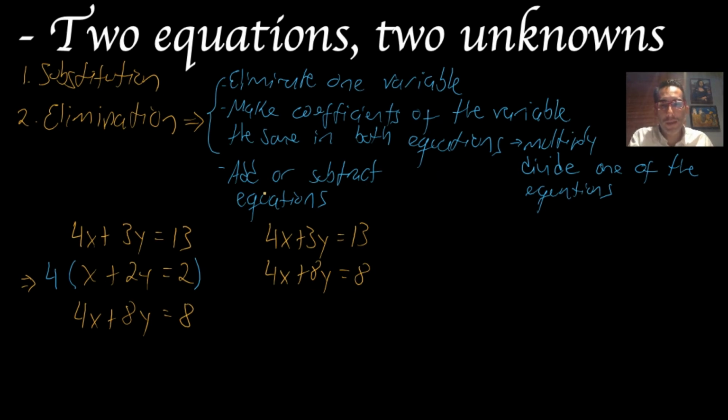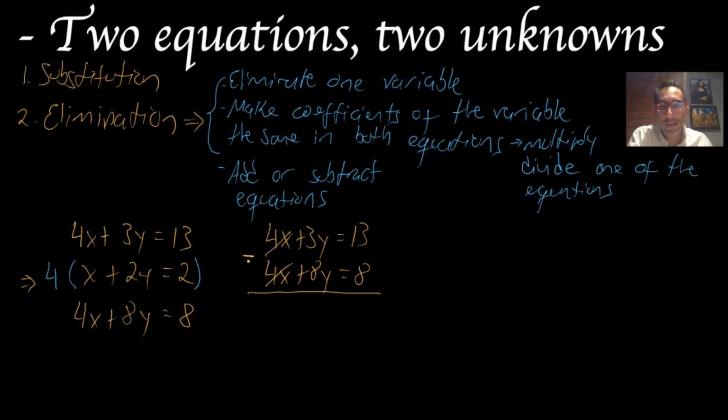So the next step, we need to decide if we want to add or subtract the equations in order to eliminate one of the variables. As we want to eliminate x, and I have here the two coefficients equal, the easiest way is to subtract the equations. I'm going to subtract the two equations. Why? 4x minus 4x, they cancel out, right? Becomes 0, so nothing. And you continue term by term.